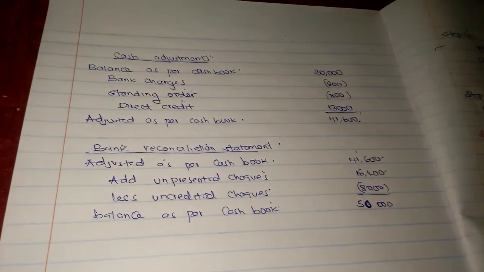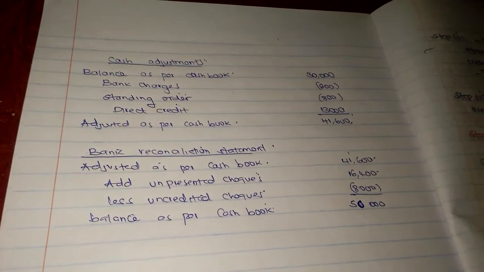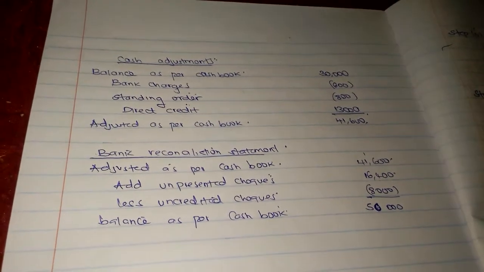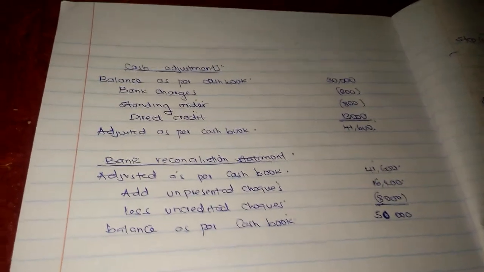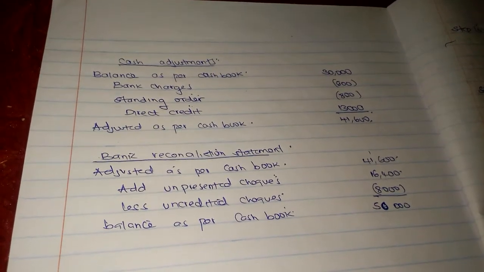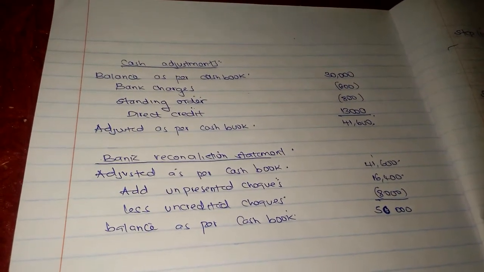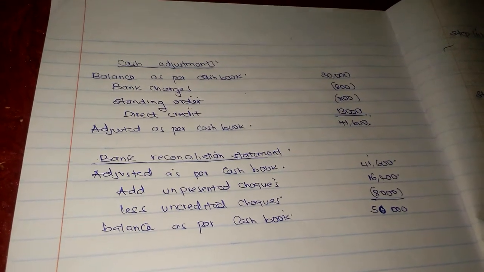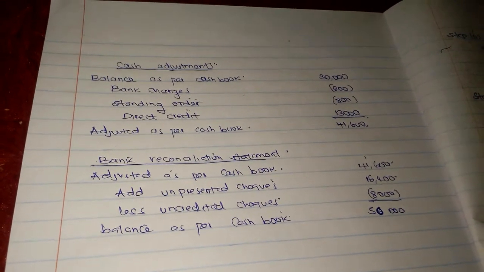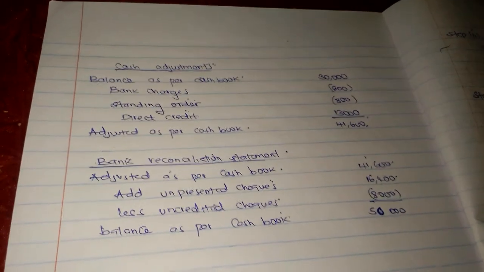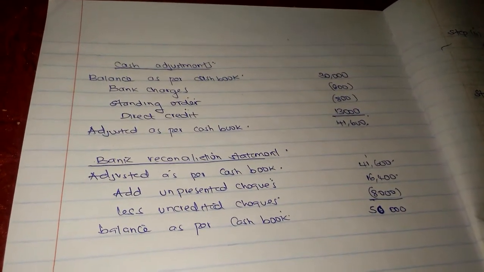That's how we work out our bank reconciliation statement. That is the working formula. For example, cash adjustment, balance as per cash book, 30,000. Then bank charges and standing order: make sure you subtract the bank charges and the standing order, but you add the direct credit interest.